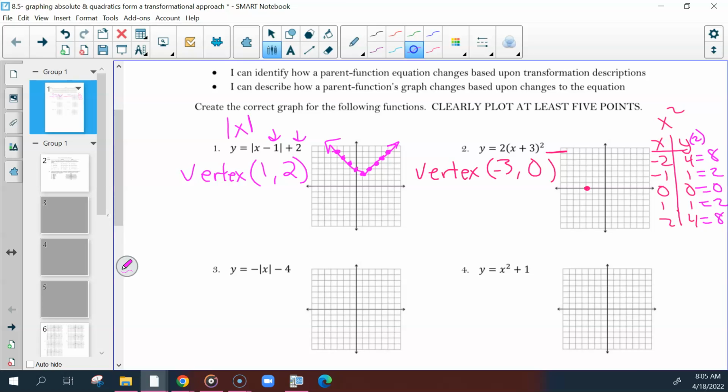So our x values would not change, but our y values would. We'll plot those points, and we're now looking at these instead.